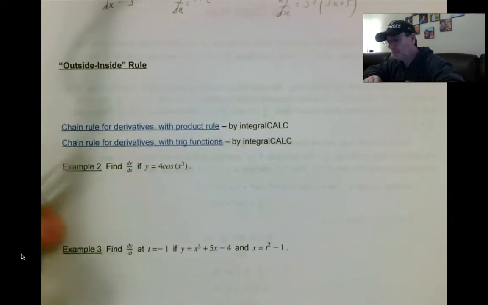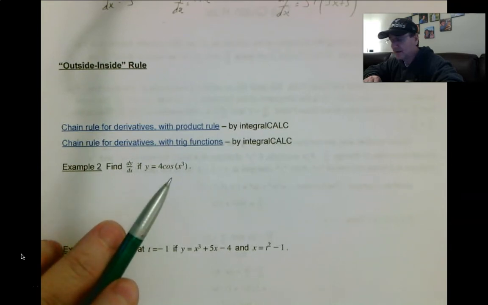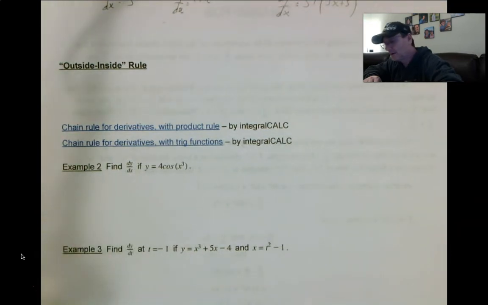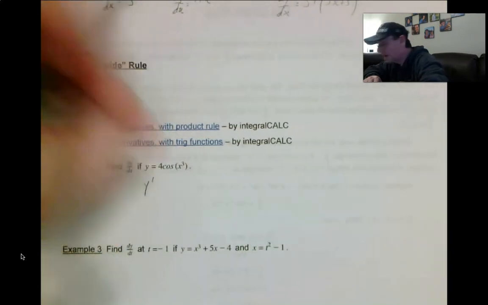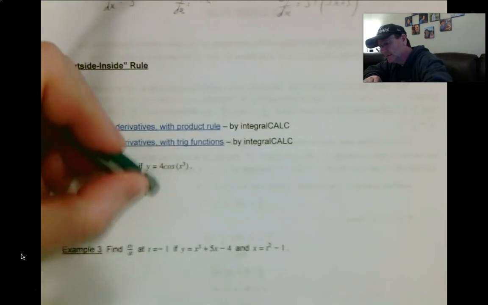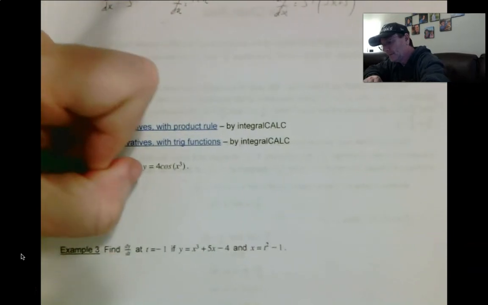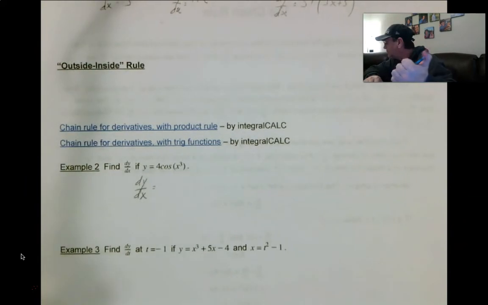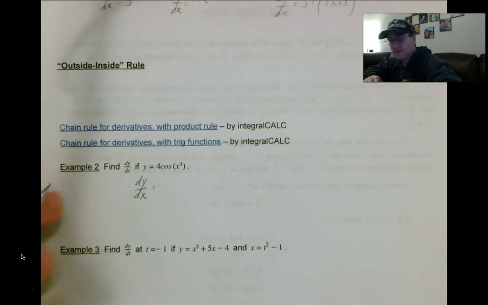Example 2, dy dx. Here's an example where we could not expand this. The outer function is cosine, the inner function is x cubed. Okay, so y prime, dy dx. Let's be consistent with my notation. Dy dx is equal to, what's the derivative of the outer function? What's the derivative of cosine?